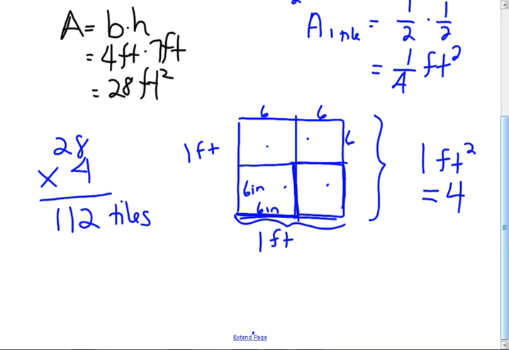And if I put a tile here and another tile here, that gives me another foot on the other side. So a square foot contains 4 tiles, not 2. That's why they're called squares, because this makes up a square 1 by 1. So I thought that was kind of tricky, number 12.